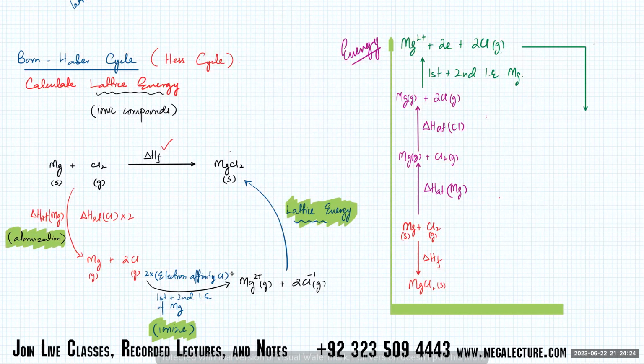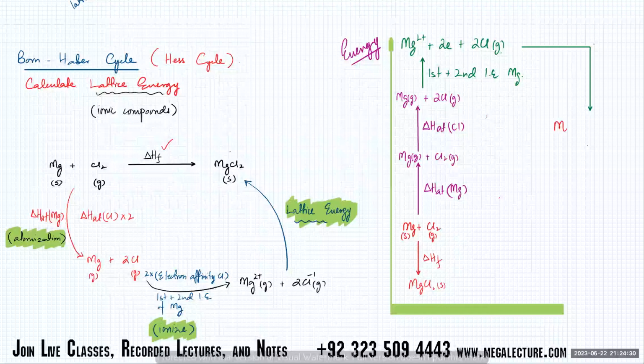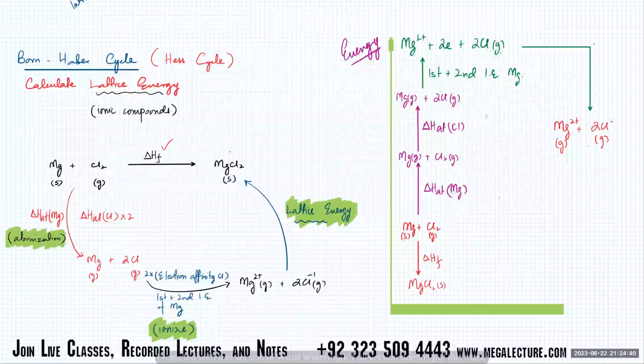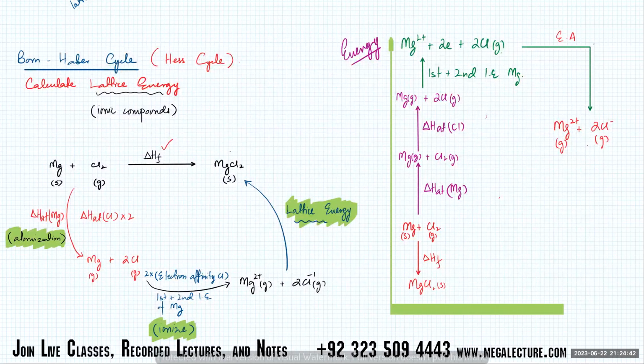So now the arrow goes downwards. Why? Because Mg has already been ionized. That was endothermic. Cl is the one that's going to gain electrons. So this arrow over here is the electron affinity of Cl.